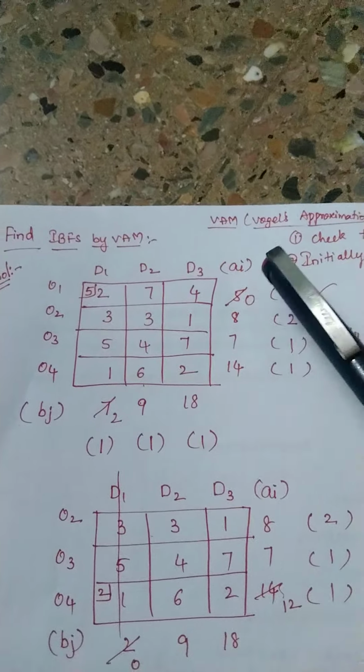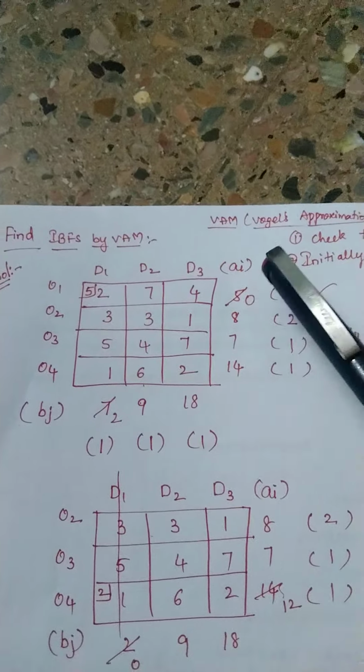So under the corresponding origin O1, we check the least value, 2. So we give the quantity towards x11. See, O1 D1. That means x11 equals the minimum of 5, 7. That is 5.